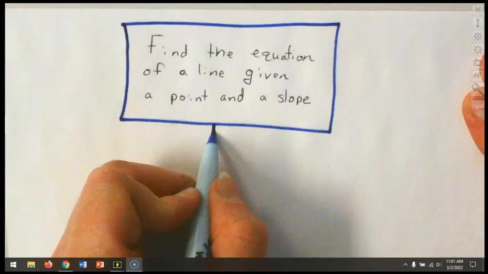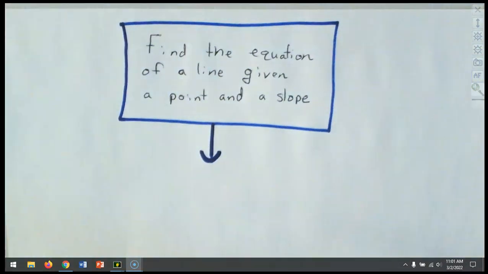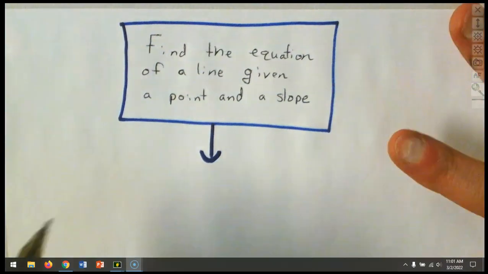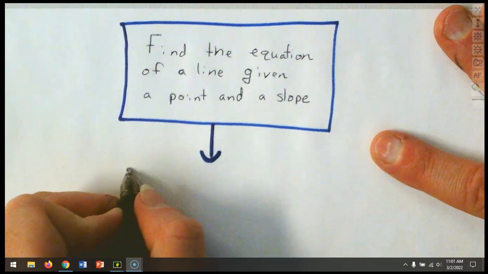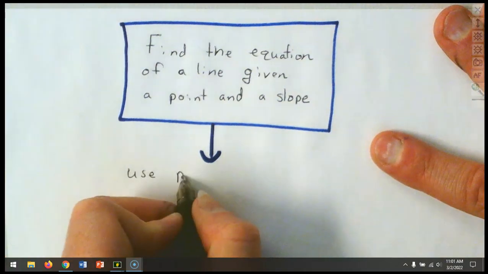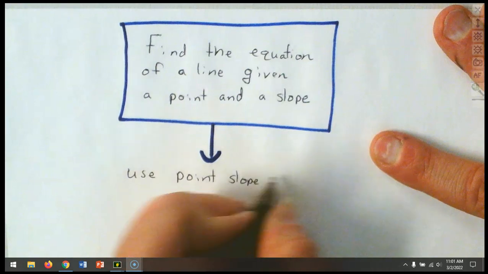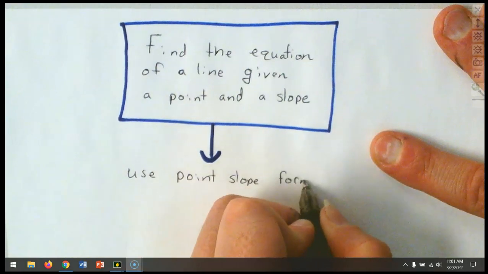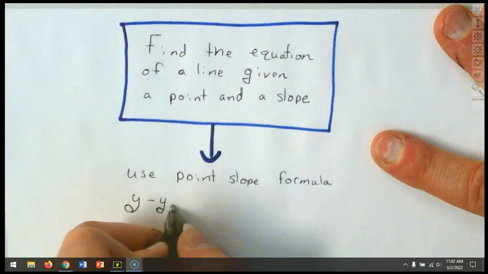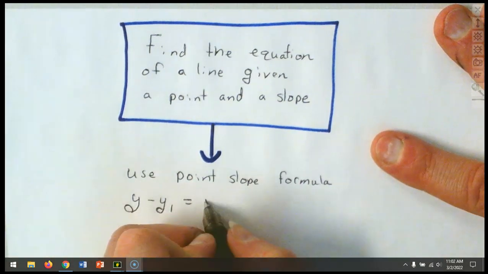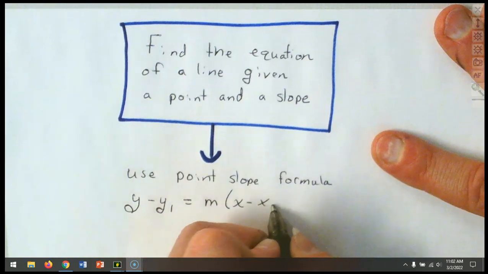So we want to find the equation of a line when you're given a point and a slope. Now, what we need to then do, and each of these are a little bit different, is we're going to use this new formula. And this new formula is what's called the point-slope formula. And that is y minus y1 equals m times x minus x1.